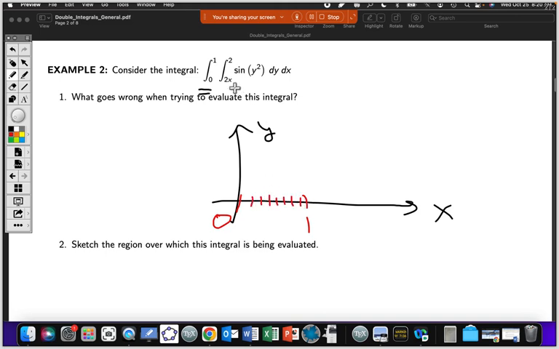And for a fixed x, the y is running between y equals 2x and y equals 2. So y equals 2x would be the bottom curve here, up to y equals 2. And sure enough, they meet at the point (1, 2).